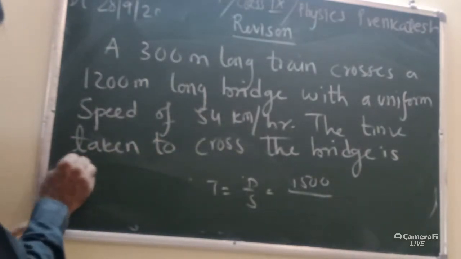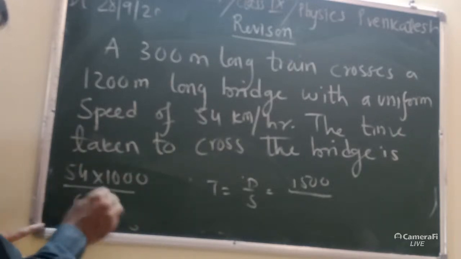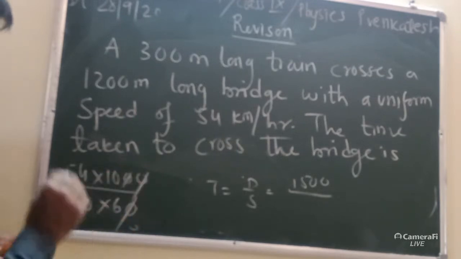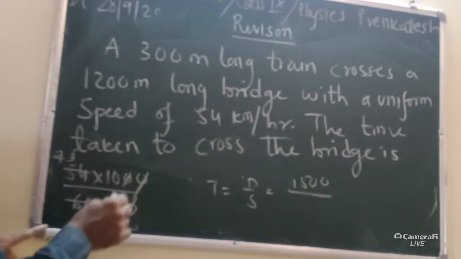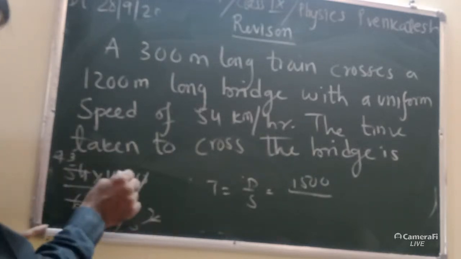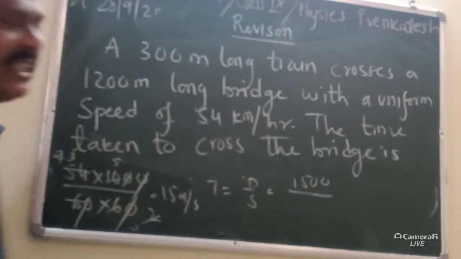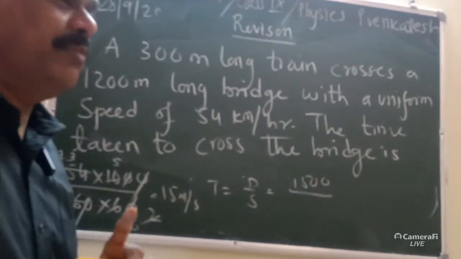So convert 54 into 1000 upon 60 into 60. Cancelling, you get 15 meter per second. So the speed of the train is 15 meter per second.